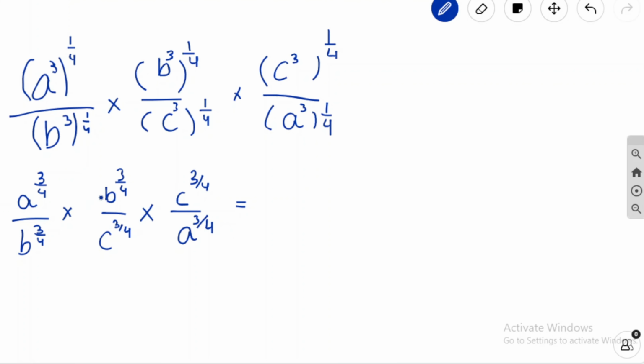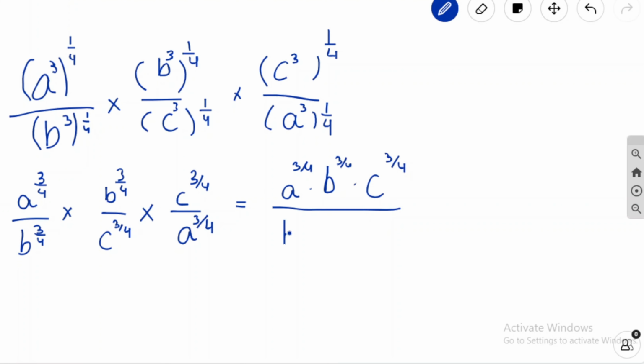Since fractions are being multiplied, I'll write all of them in a single fraction, to show you that when we have fractions being multiplied, we multiply the numerator with the numerator and the denominator with the denominator.